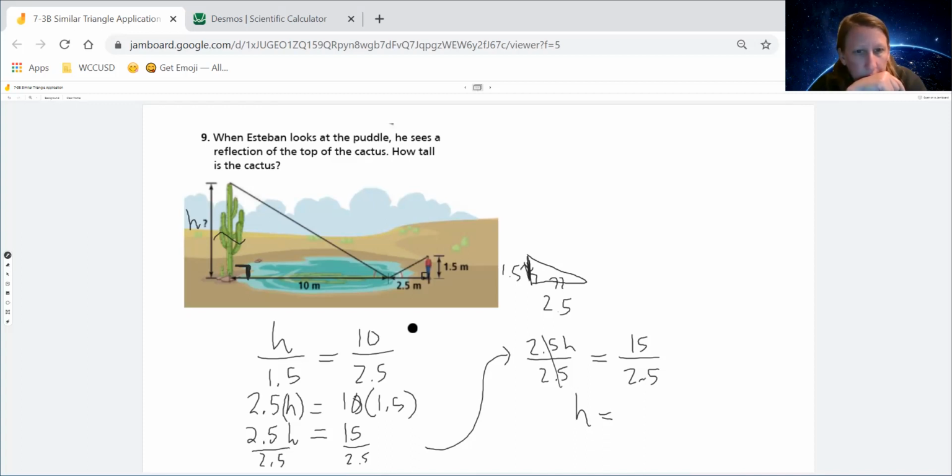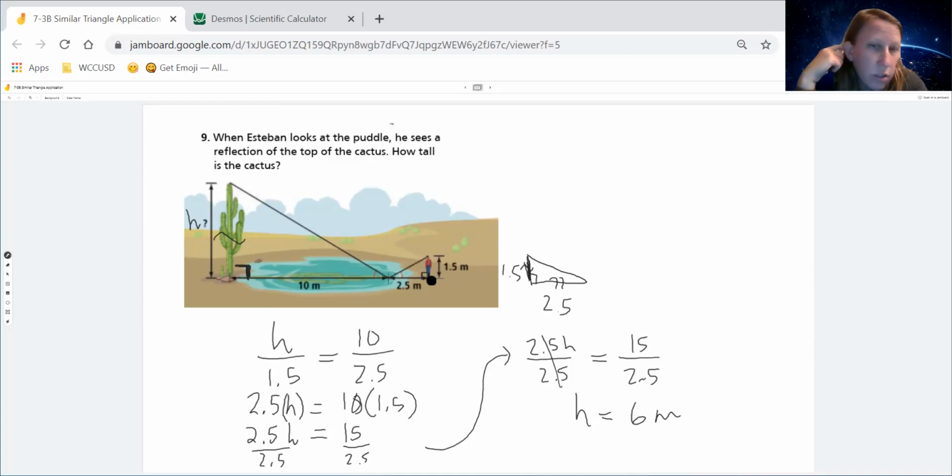Which is 6, which doesn't seem right to me. H is to 1.5 the same way that 10 is to 2. Yeah, right. Seems okay. Is it reasonable? 6 meters? 6 is to 10 as 1.5 is to 2.5.